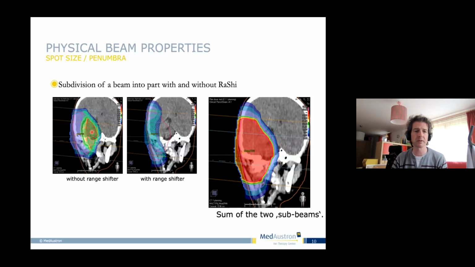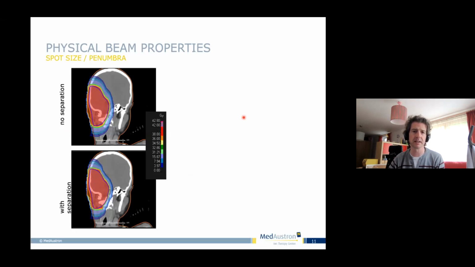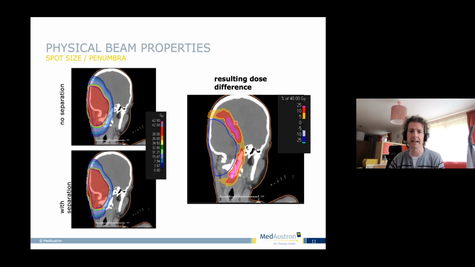And the portion of the tumor which is deeper situated, we deliver without the range shifter in. So we move it out, and by that we can get a very sharp penumbra still in depth, even sharper than on the surface. And if you build a dose difference, then you can see again the very good benefit of this technique of splitting up the beam into two, coming from the same direction. So by that we can increase the beam quality.